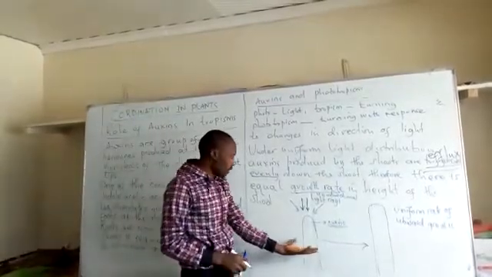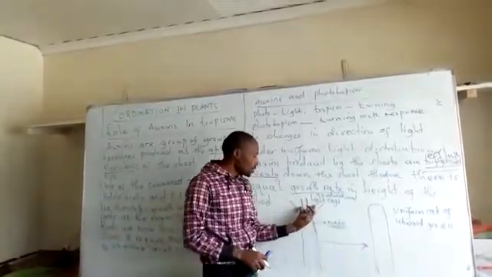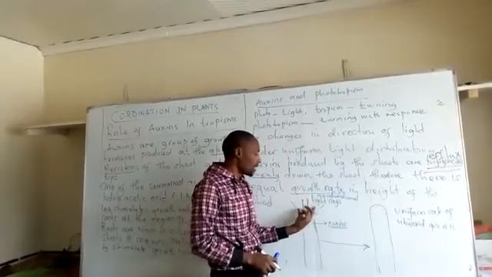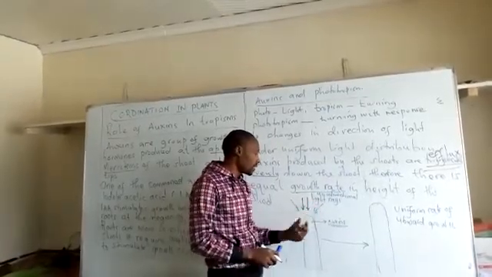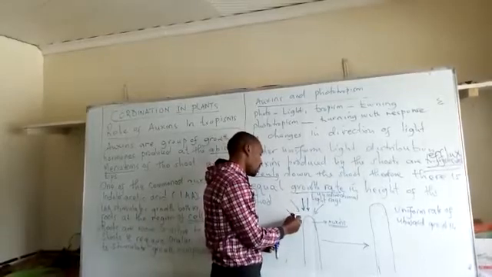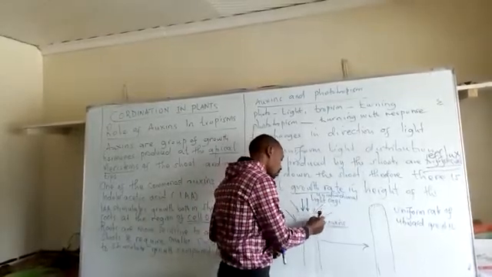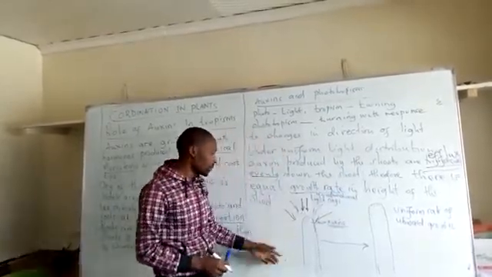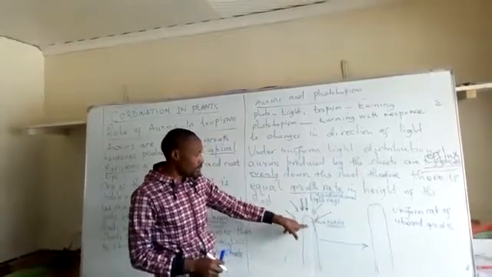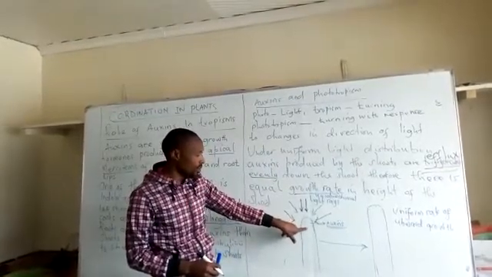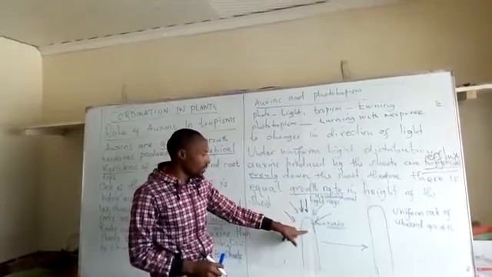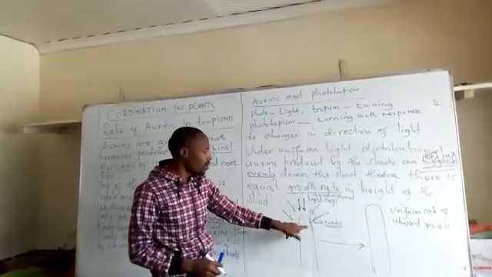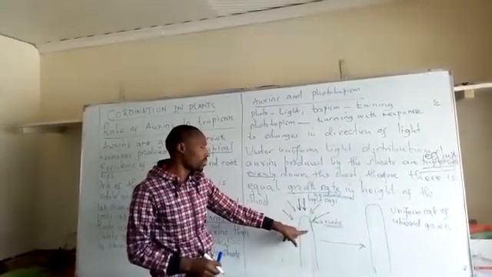In this diagram, the arrows point to the direction of light. And in this case, light is coming from all over. Maybe I may add some more arrows showing that light is coming from all over. At the tips here, we have a higher concentration of auxins. So what will be the effect of light on the movement of auxins?